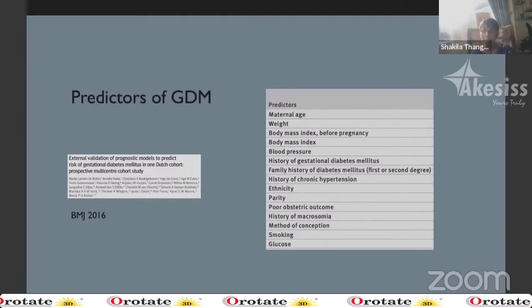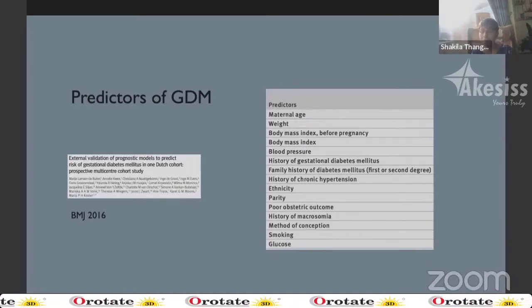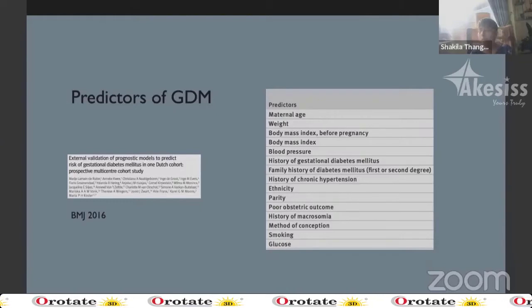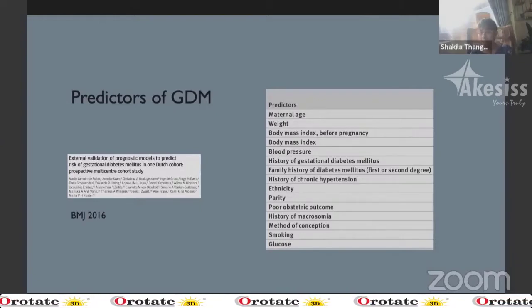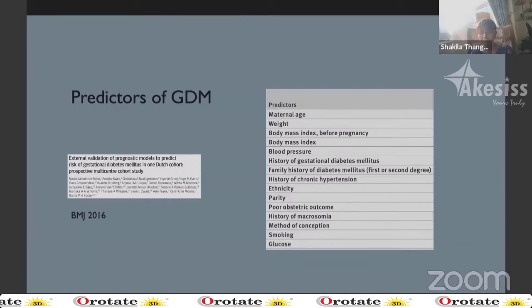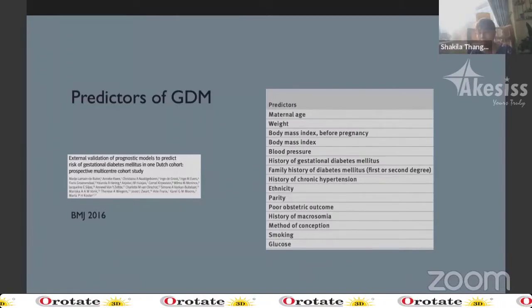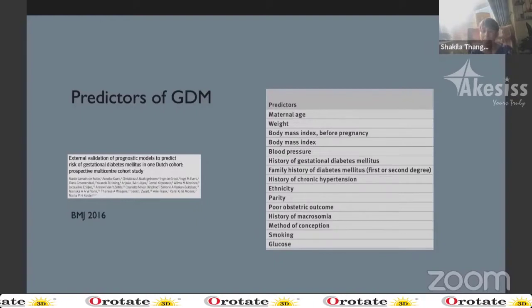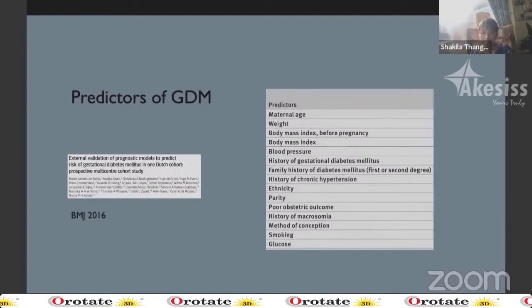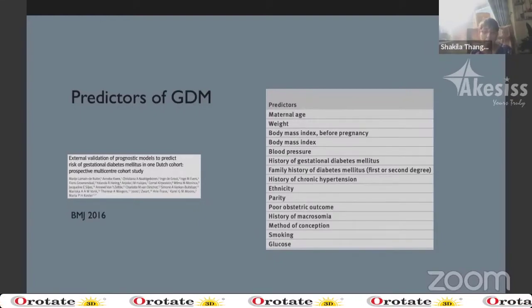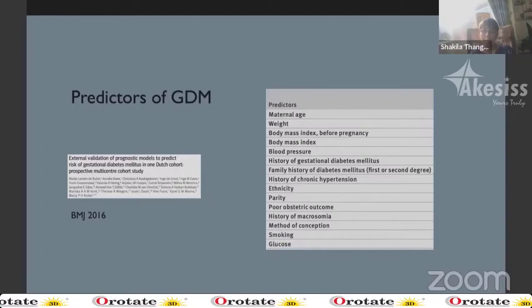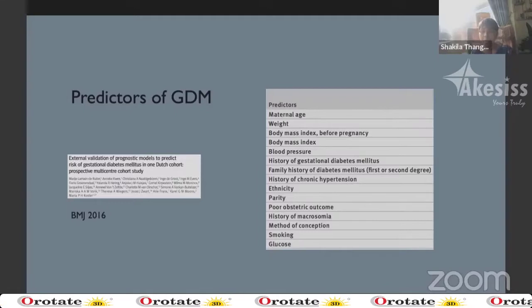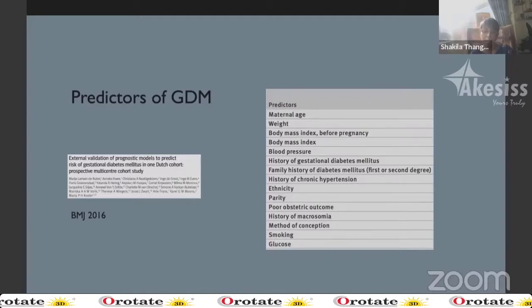But it's very difficult for us to counsel a mother when we say, okay, you have blood pressure, you are a multiparous woman, and therefore your risk is this. We can only go by the individual characteristics, and hence Carl Moons and his team looked to validate the existing prognostic models, which take into account the multiple characteristics and give out a single predicted probability.